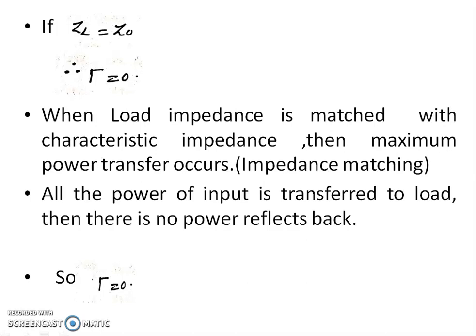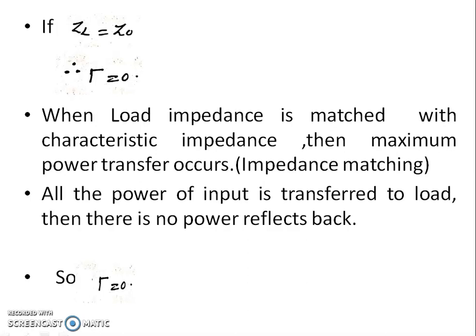One important thing to be noticed is that when the value of ZL is equal to Z0, the reflection coefficient gamma is equal to 0. That is, when the load impedance is equal to Z0, the reflection coefficient is 0.